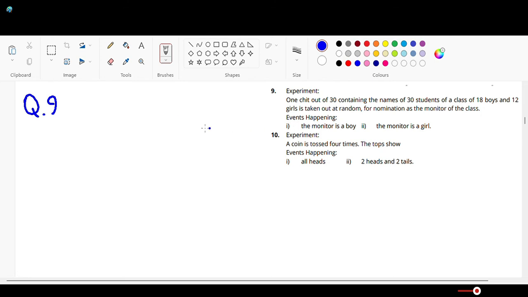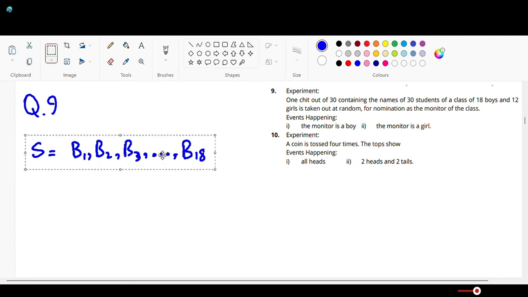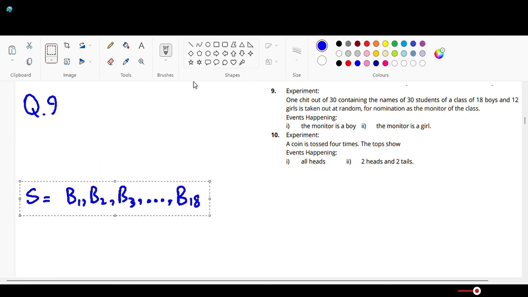Well, first of all, what is the sample space? It consists of B1, B2, B3, all the boys, all the way from B1 to B18, and I'm going to move it down so that it'll look a lot better.